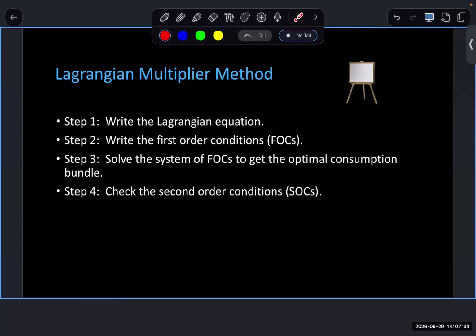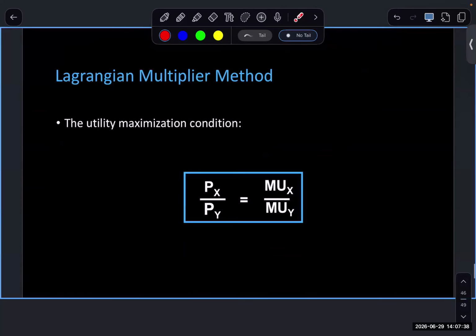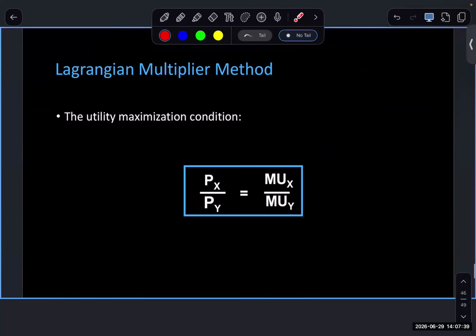Sounds easy, right? And don't forget the utility maximized condition, which is that the price ratio equals the MRS. The price ratio equals the marginal utility of X over the marginal utility of Y.